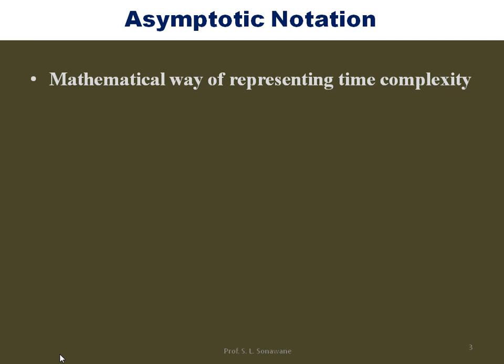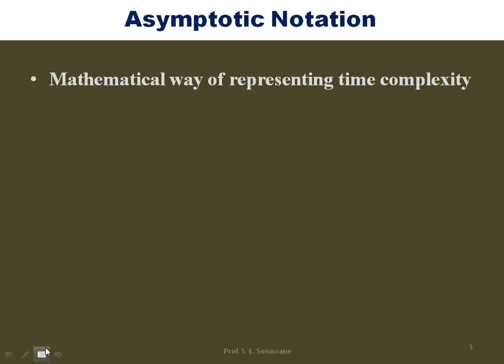In that case, we will check the number of times that particular statement is executing, or the number of times the function calls itself. Depending on this, we will find out the time complexity. To represent these things, we want some notations.